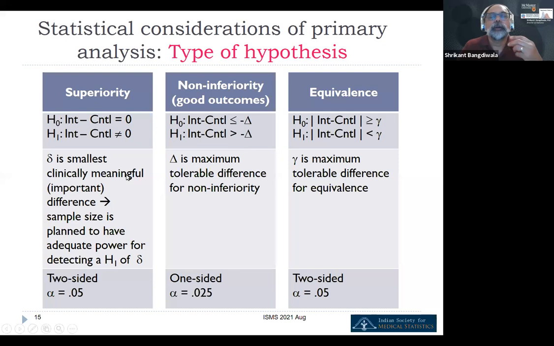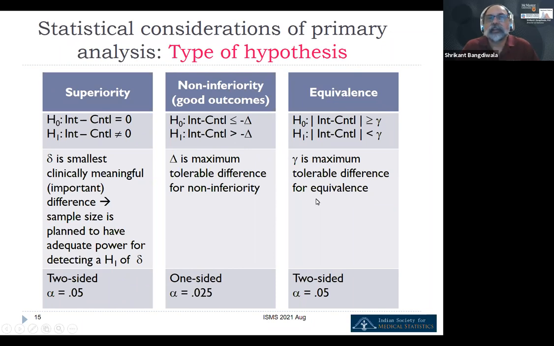And we talked about how we go about specifying these and the parameters that are used to specify what it is that you want to detect. Here it's the smallest clinically meaningful difference. Here, capital delta is the maximum tolerable difference for non-inferiority, and gamma is the maximum tolerable difference for equivalence.